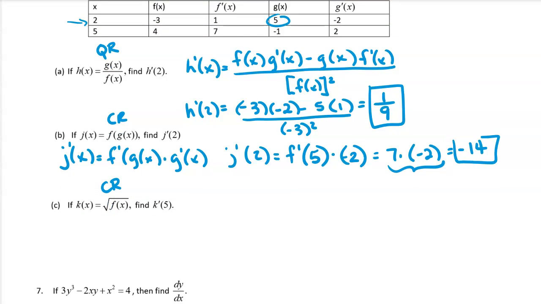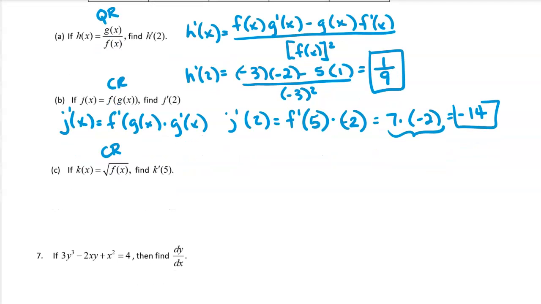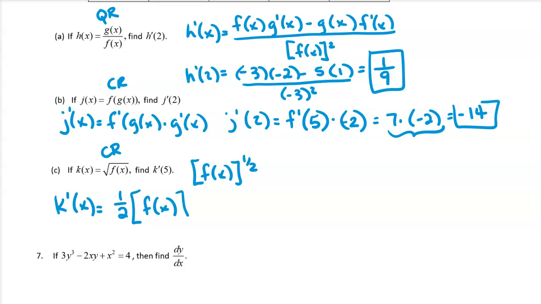All right, here, let's rewrite k of x. K of x is actually f of x raised to the 1/2 power. So k prime of x is 1/2 f of x to the negative 1/2, chain rule, times f prime of x.